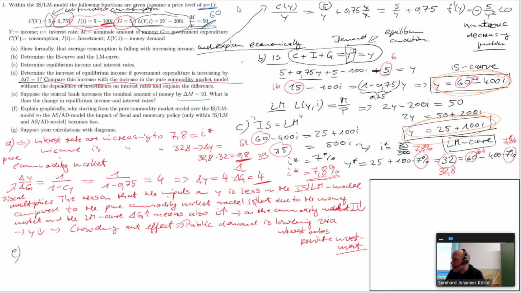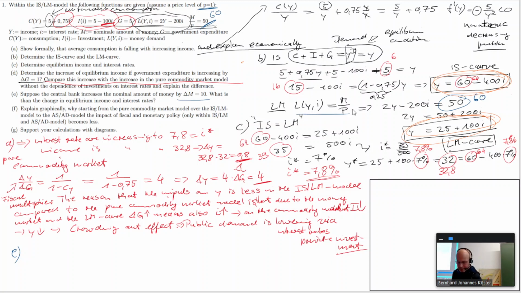Again, you can redo all the calculations now with 60 and not 50. But also you can say, I have done all the calculations already. So what we then do is, where is something changing within my calculations? This is just here. 50 is now a 60. Here on the right, there is a 60.